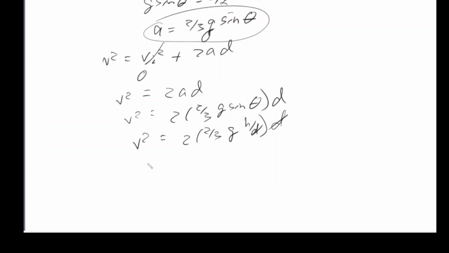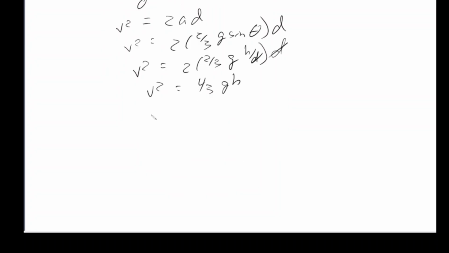These cancel out. V squared is equal to 4/3 gh, or v of the center of mass is equal to the square root of 4/3 gh, which is the same answer we got in part A using conservation of energy.